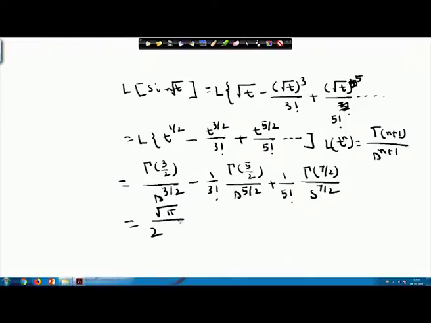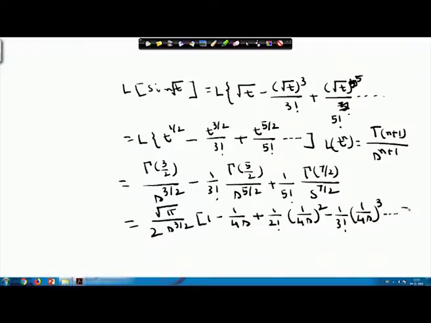So, using that formula I can always break it. The s to the power 3 by 2 will be common: 1 minus 4 by s plus 1 by factorial 2 into 1 by 4s whole square minus 1 by factorial 3 into 1 by 4s whole cube, and like this it will continue. If I break this, it is root pi divided by 2 to the 2 into s to the power 3 by 2, and this is nothing but a series, that is e power minus 1 by 4s.